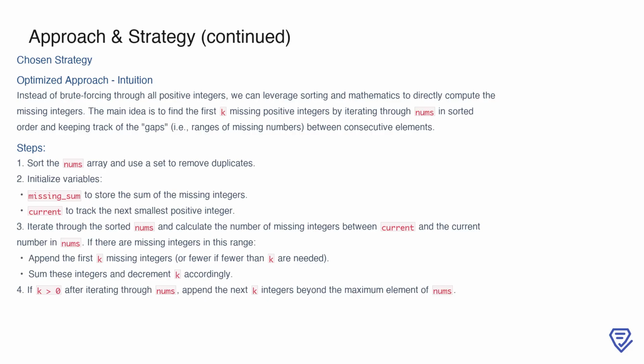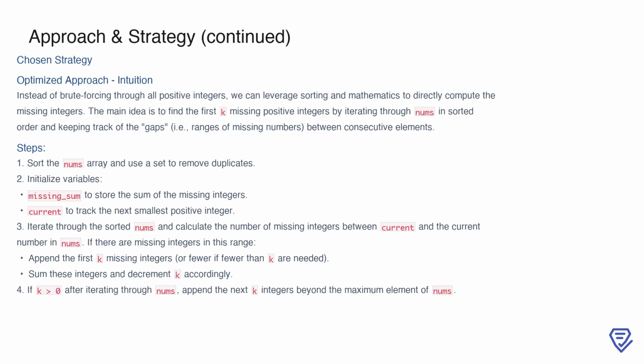Then, we initialize variables to track the sum of the missing integers and the next smallest positive integer we're looking for. As we iterate through the sorted array, we calculate the range of missing integers between the current number and the next expected value. From this range, we append the required number of missing integers to reach our target k, summing them as we go and updating our counter.